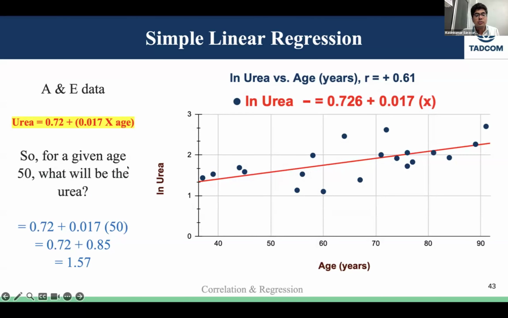So if we substitute any age, for example, if you want to know at the age of 50 what will be the urea level in the patients, we can do this by 0.72 plus 0.017 into the value of x that we had taken as 50. If we substitute, we will get the urea level as 1.57. Similarly, you can calculate for any age the corresponding urea levels.